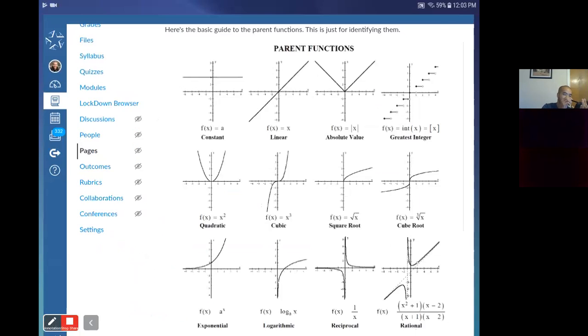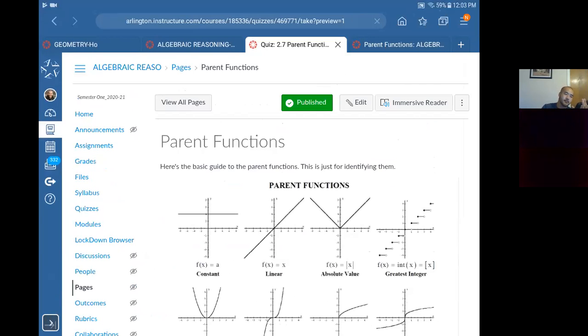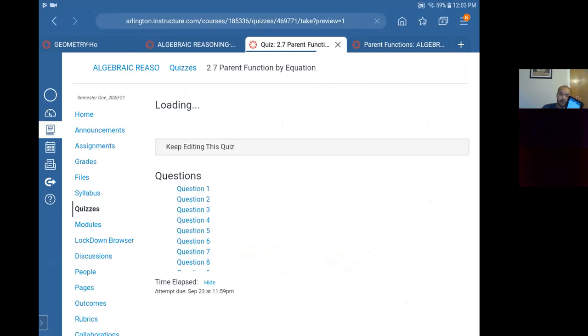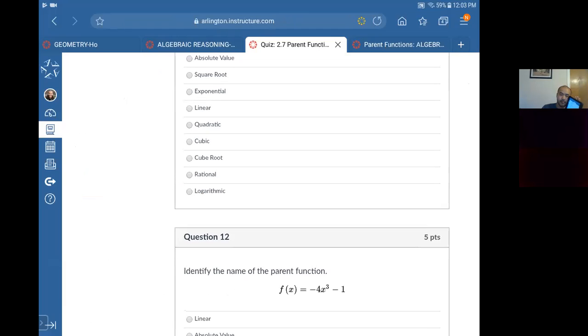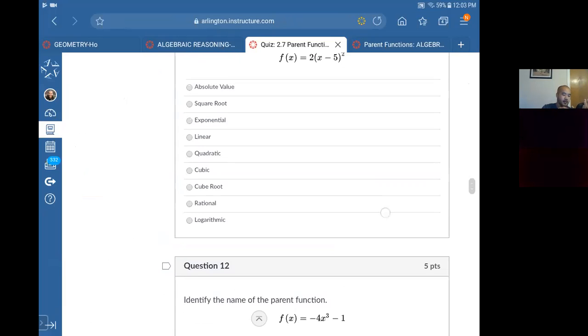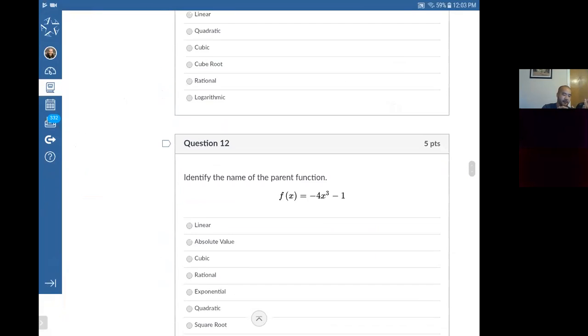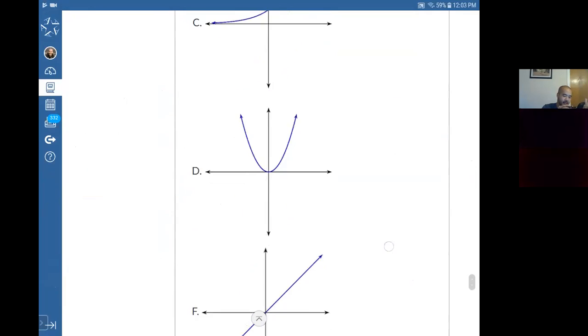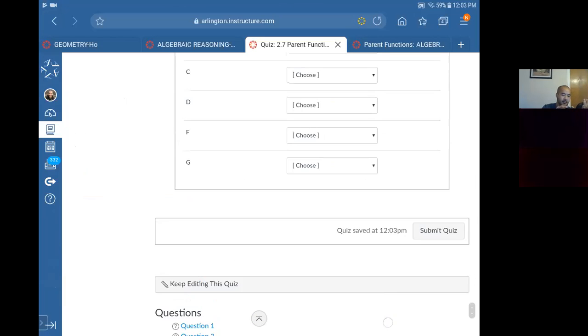Let's not switch that yet. So this is what your assignment looks like. It gives you functions, you have to identify them. And later, it gives you pictures, and you have to identify them also.